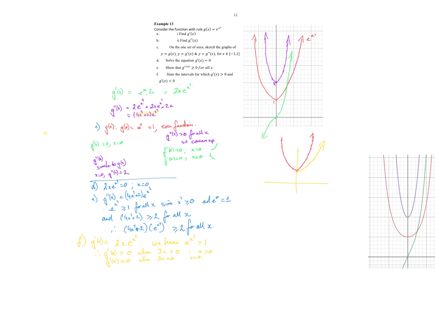If we consider what happens in purple, let's sneak down to the g double dash of x. We get 4x squared plus 2, times e to the x squared. So what's 4x squared plus 2 going to do? Well, that's just positive numbers already. So really I've just got this positive number at the front of e to the x squared. And what's that going to do?